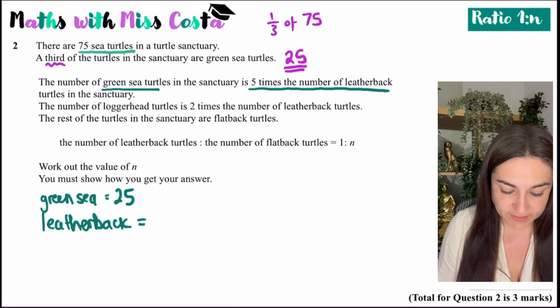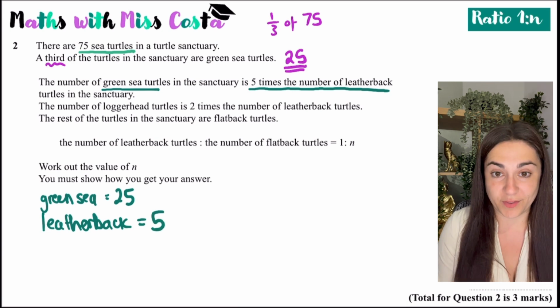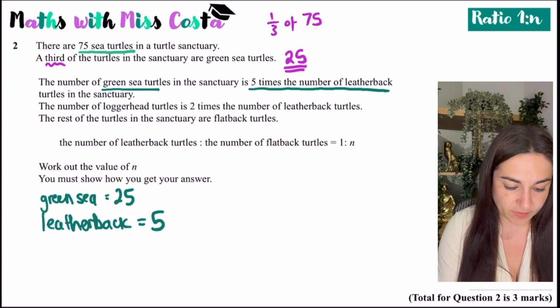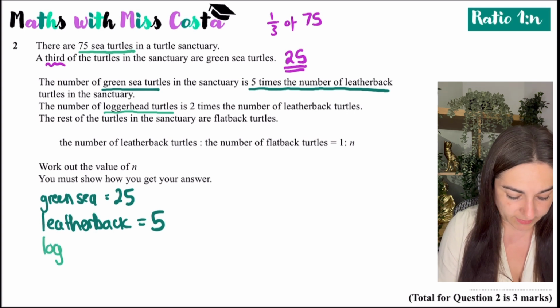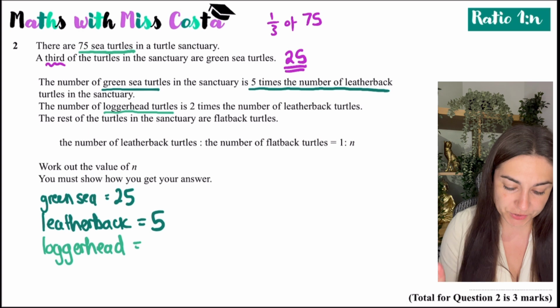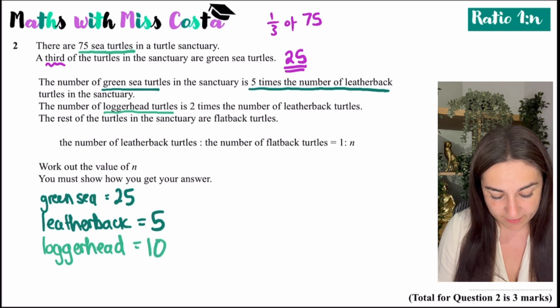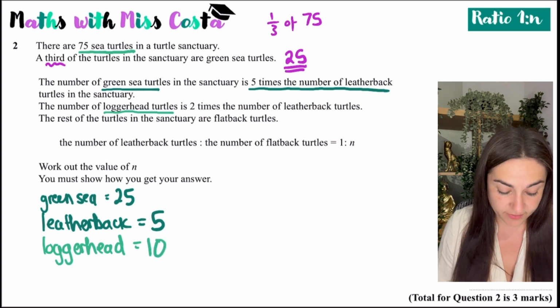So I could do 25 divided by 5, which is 5, which means I know that there are 5 leatherback turtles. The number of loggerhead turtles is 2 times the number of leatherback turtles. So let's write what I know about the loggerhead. So I know the loggerhead is 2 times the number of leatherback. So therefore there are 10 loggerhead turtles.